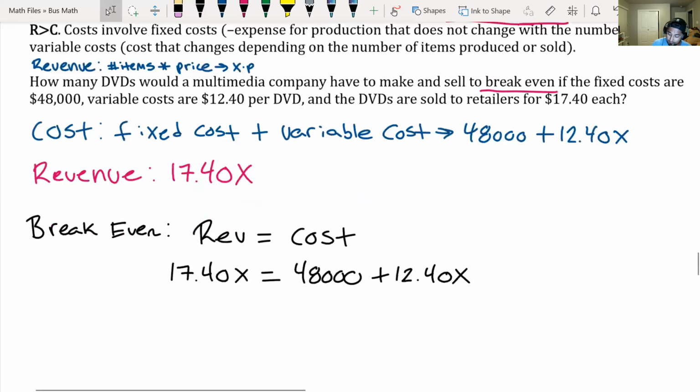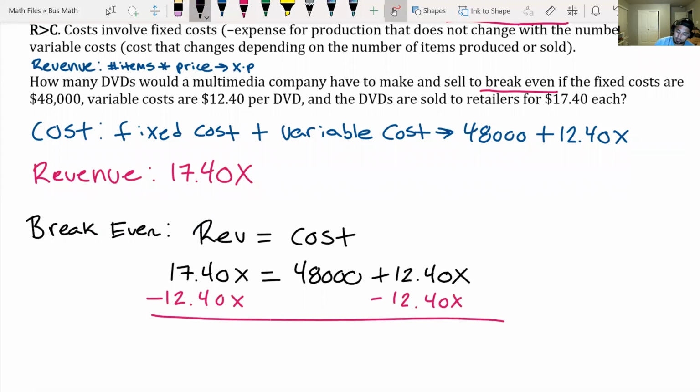Solve for x. So I'll say minus 12.40x and this will leave us with 5x equal to 48,000.